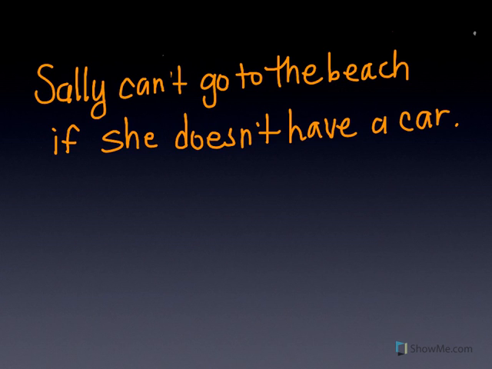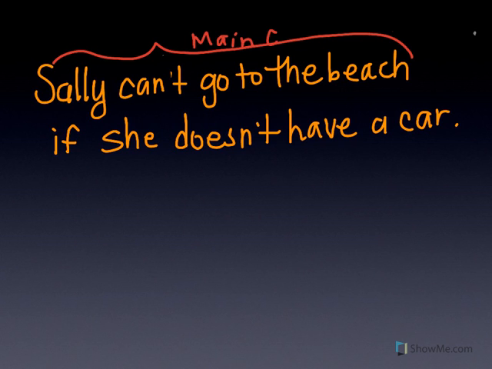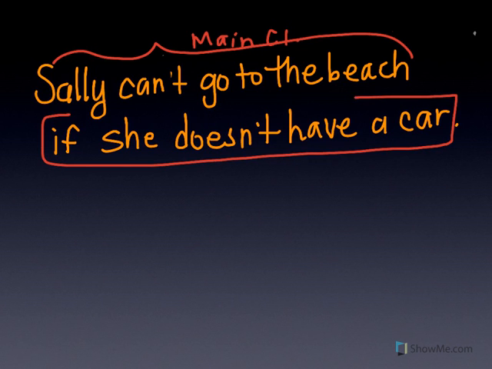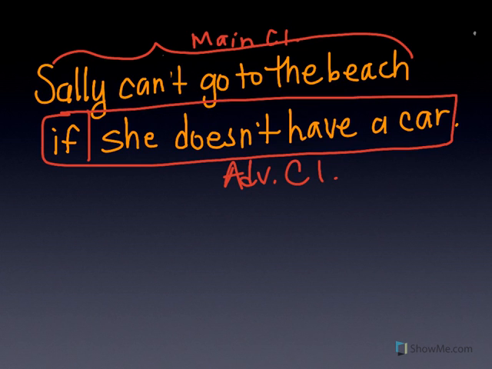Okay, let's try another one. Sally can't go to the beach if she doesn't have a car. So Sally can't go to the beach is our main clause. We're not going to change anything there. And if she doesn't have a car, notice here we have if, that's our adverb clause. So this is where we're going to change with unless.